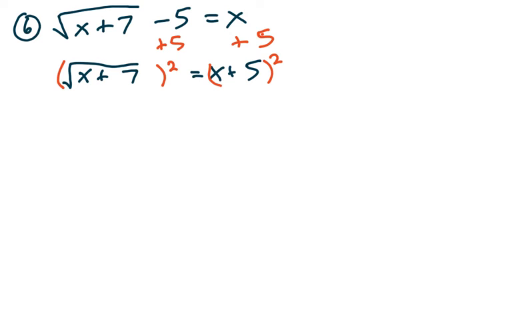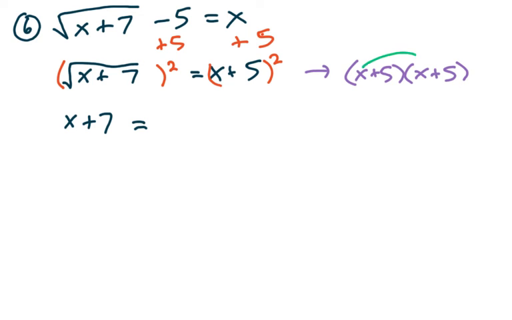So on the left side, the square root of x plus 7 squared is just x plus 7. X plus 5 squared is x plus 5 times x plus 5. You cannot distribute the square because of the addition sign in between. So we'll distribute the x to each to get x squared plus 5x.